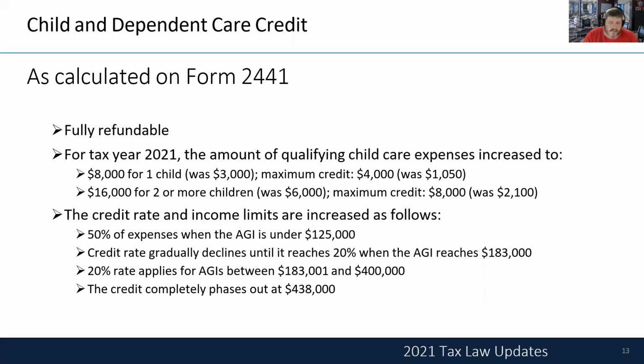But the bigger piece is, for a lot of your taxpayers, they weren't getting credit at all for their childcare because they had zero tax due, and non-refundable credit is used to reduce tax, right? Well, if they had zero tax, that amount was never going to help. So even if they're at $2,000 a year for childcare, that's still $1,000 in their refund that they're going to get back that they never would have gotten in 2020 or any year prior.